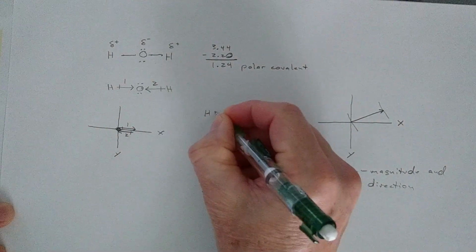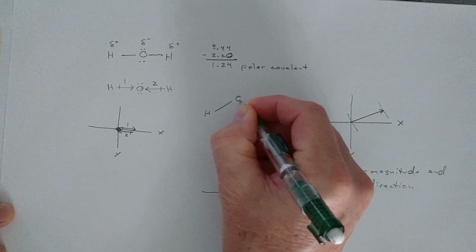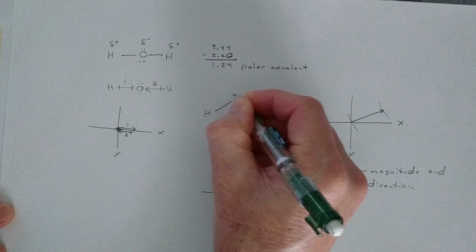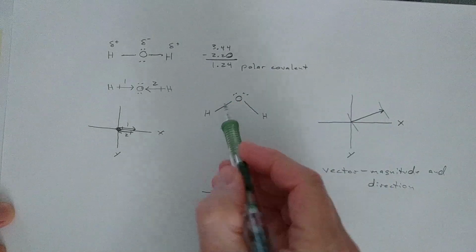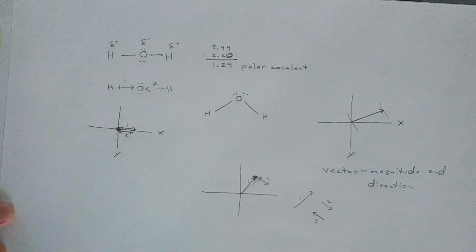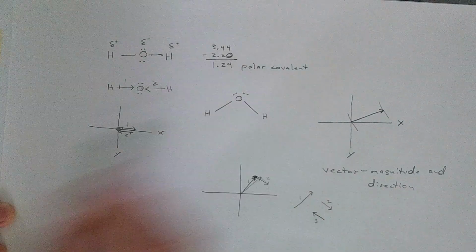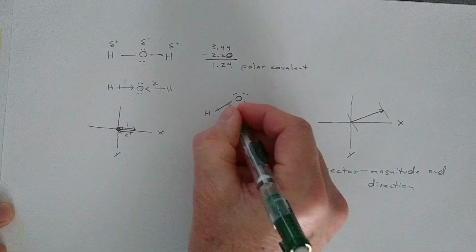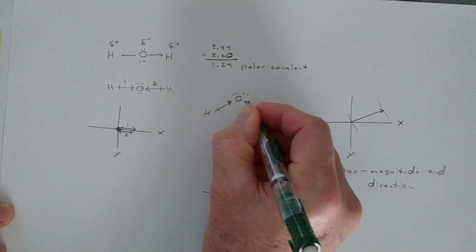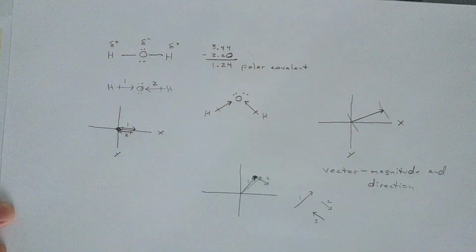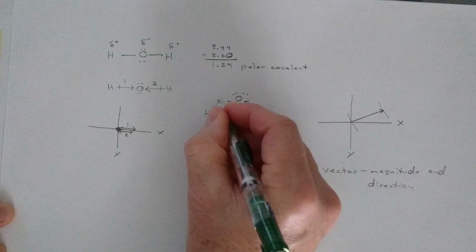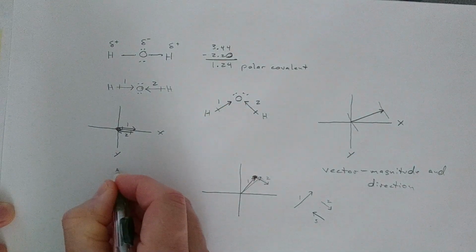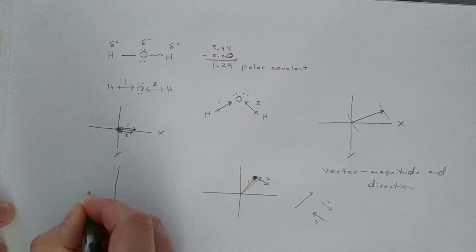We'll draw a hydrogen, we'll draw oxygen, and we'll draw another hydrogen. And we know, again, that the hydrogen-oxygen bond is a polar covalent bond. We draw the positive end by the hydrogen, and we draw the negative end by the oxygen. And we will draw two of these. We shall call this vector 1 and this vector 2. Again, we will draw an XY axis.